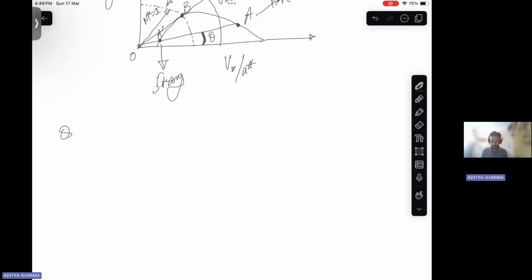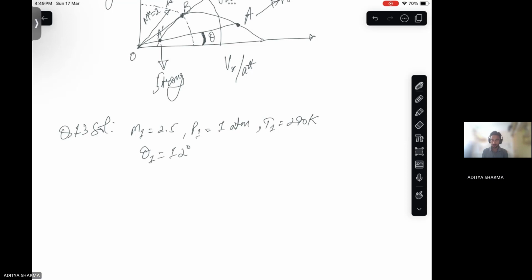So if we see question number 13 solution, right? So we have M1 equals 2.5 and then P1 equals 1 atmosphere. So theta 1 is given as 12 degrees. All right.